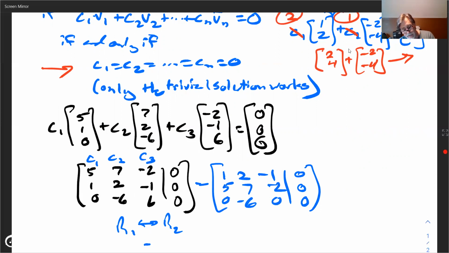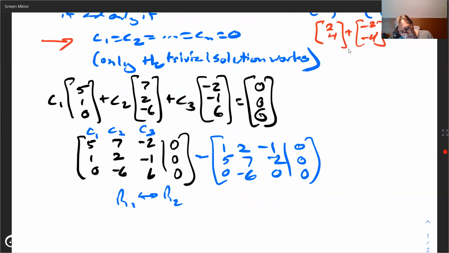So what I was going to do was get rid of that 5. That's what we're going to do next. So we're going to go negative 5, row 1, add to row 2. Okay, so let's see what we get.